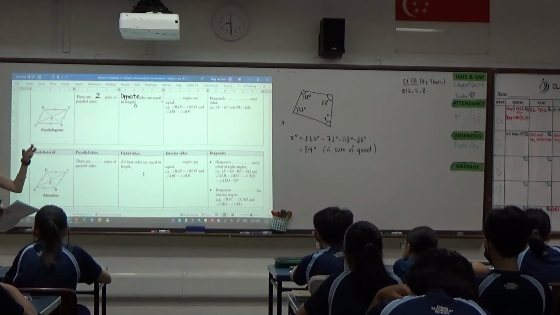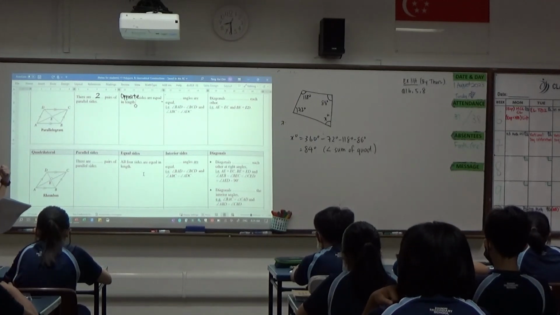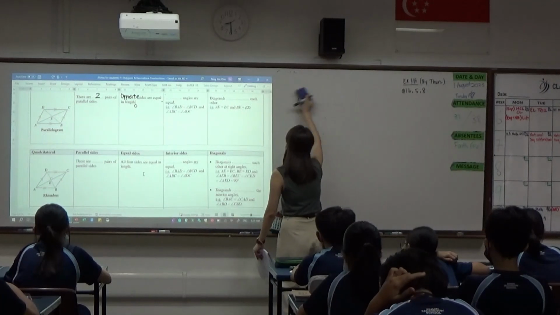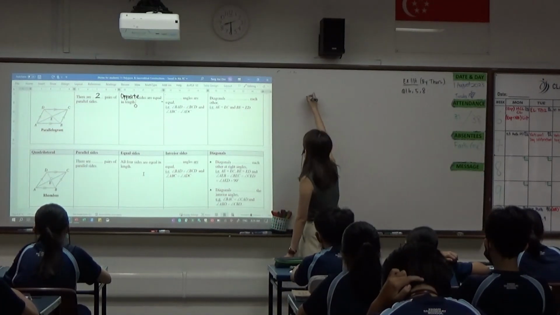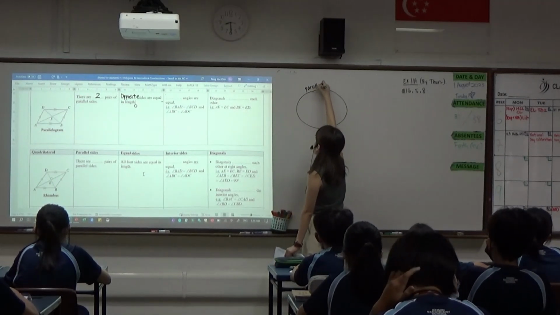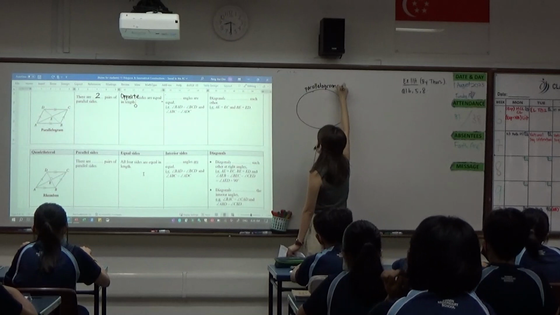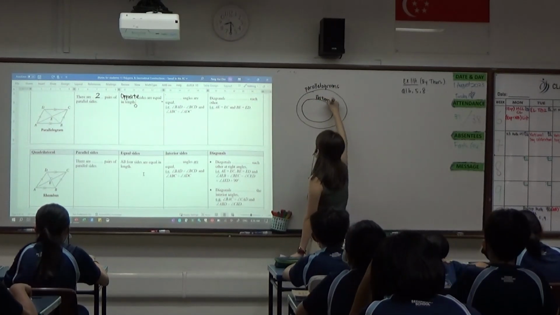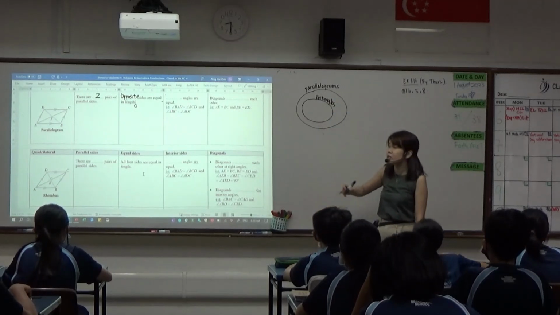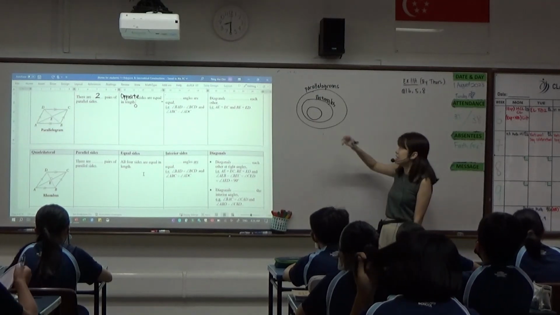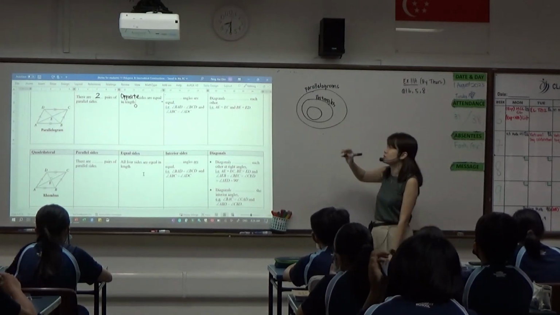Then for squares, even more specific is that all the sides are going to be equal in length. I want us to be able to see and understand at this juncture that if I were to draw a Venn diagram, we have our parallelograms, followed by our rectangles, and a square is even more specific, because not only must the interior angles be 90 degrees, all the sides must also be equal in length.